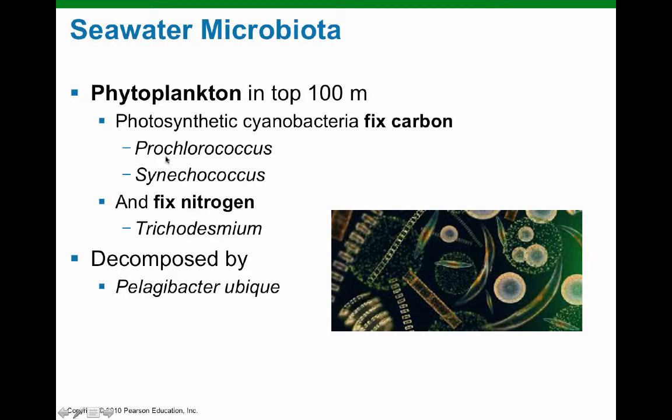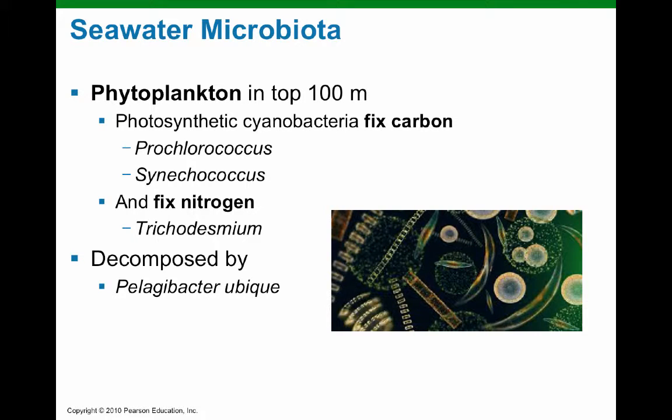So these guys, they're photosynthetic cyanobacteria, and they are the major carbon fixers. So they're taking the carbon dioxide, Prochlorococcus, Synechococcus, they're fixing it. They're also fixing nitrogen, Trichodesmium, and then also can be decomposed by Pelagibacter ubique.